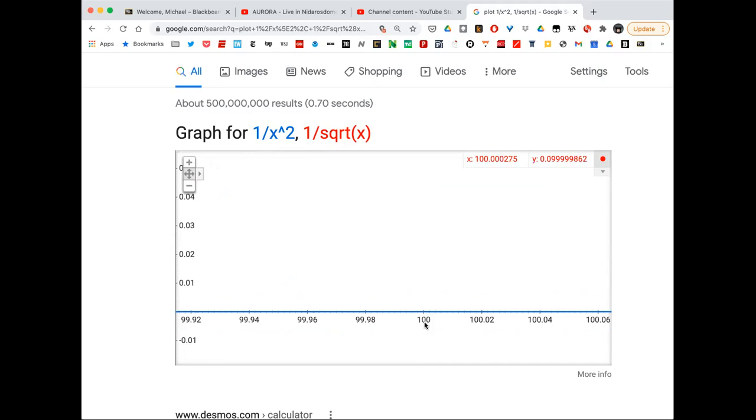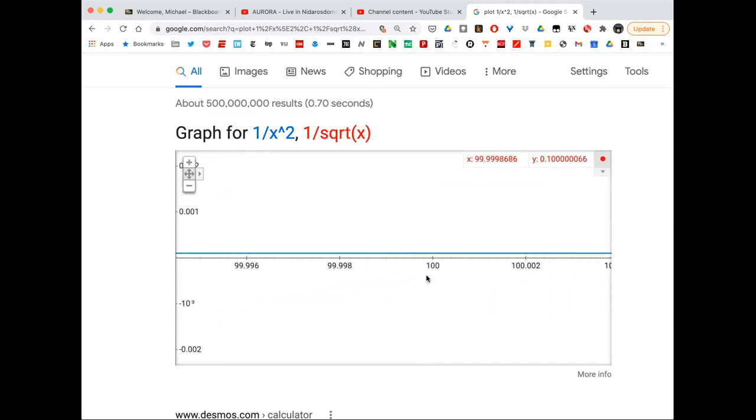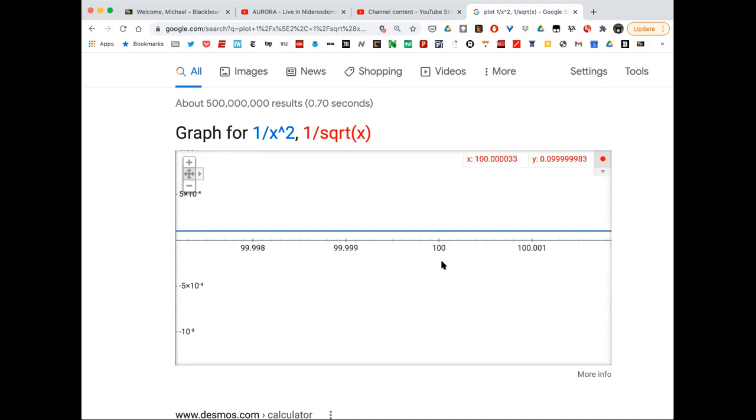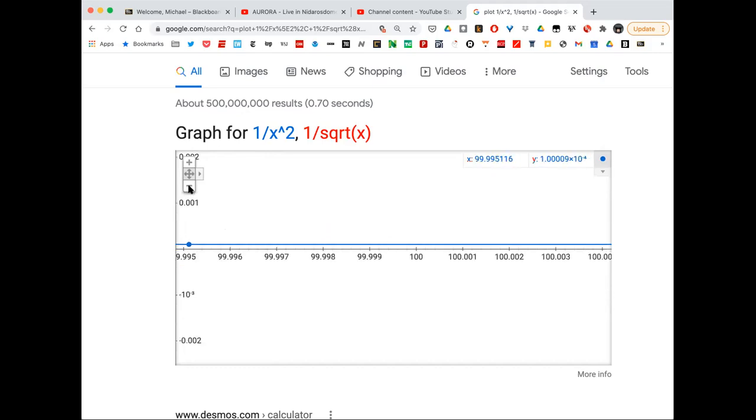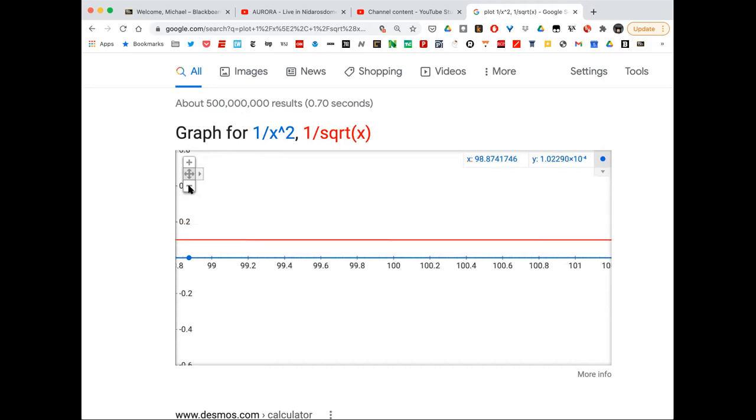Turns out it's not. If we zoom in enough, we'll start to see some space there. So there is area, but it's choking off much less, and so much less area. Somehow that's enough for the area under 1 over x squared to be finite.